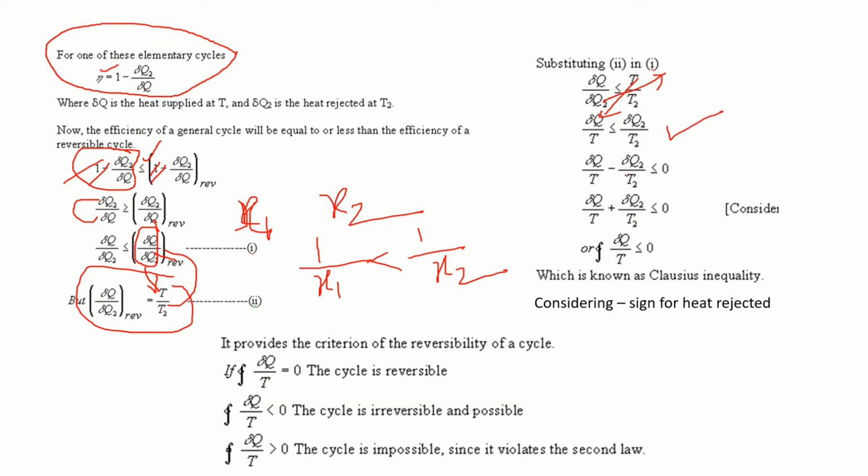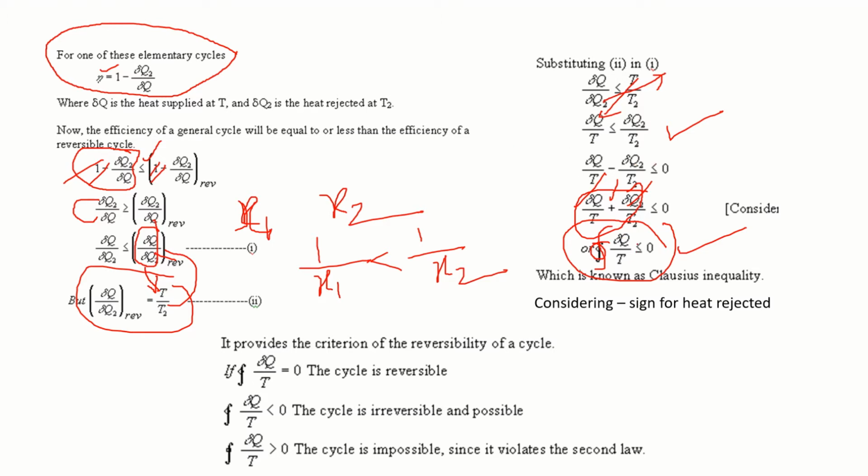Then again I bring it to the left hand side, it will become minus, but delta Q2 is heat lost from a system, so minus of minus will become plus. So I'll get this. This is for one process, this is for another process. Complete cycle means I'll put cyclic integral less than or equal to 0. This I call Clausius inequality.